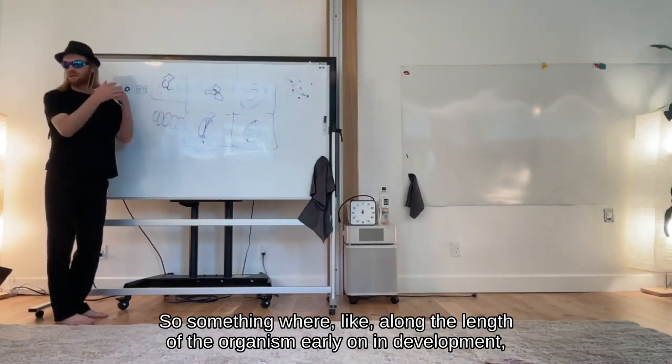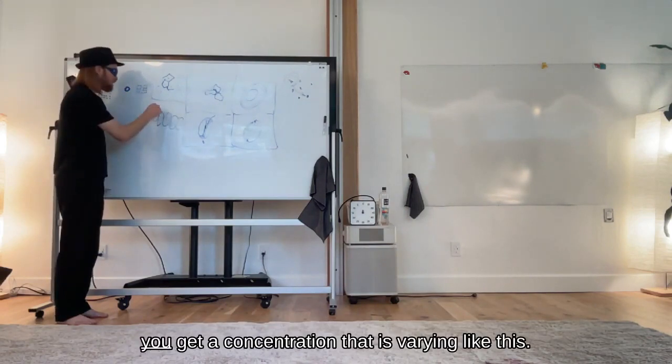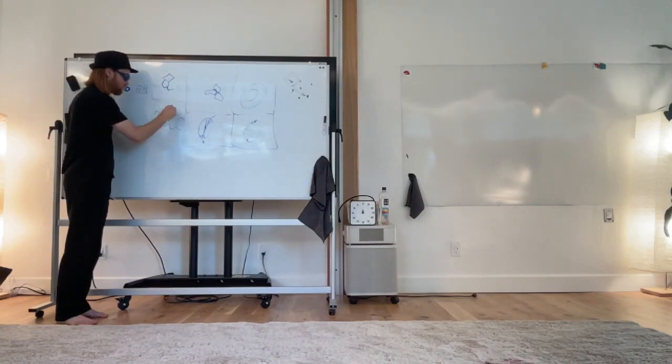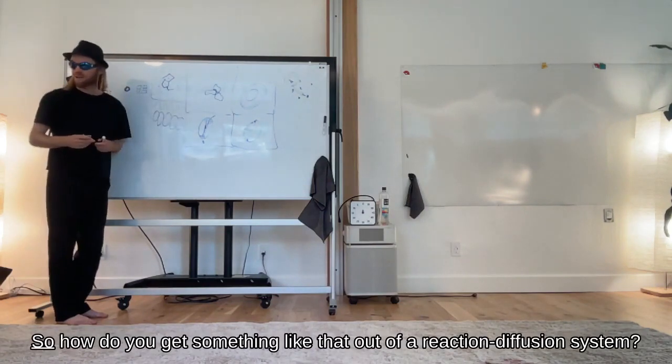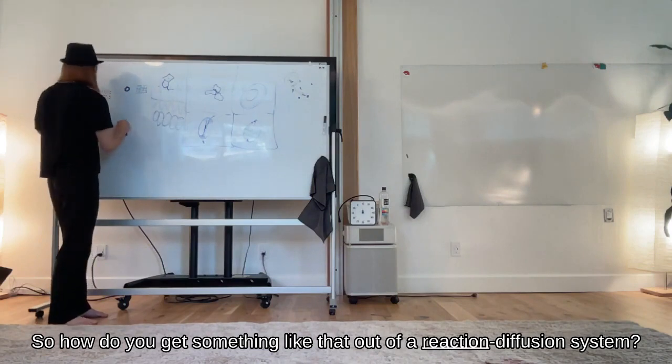So along the length of the organism early on in development, you get a concentration that is varying like this, right? Okay. So how do you get something like that out of a reaction diffusion system?